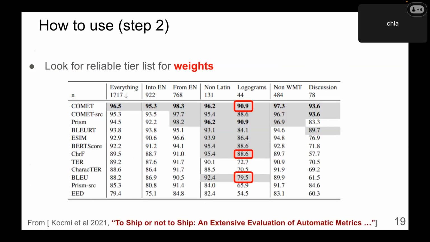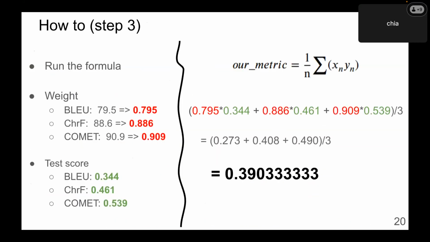These 3 numbers highlighted in red will be my weights. Next, we add them into the formula, which is the score from the metric multiplied by the weight, divided by the total number of metrics, and that is the final score of a certain test.